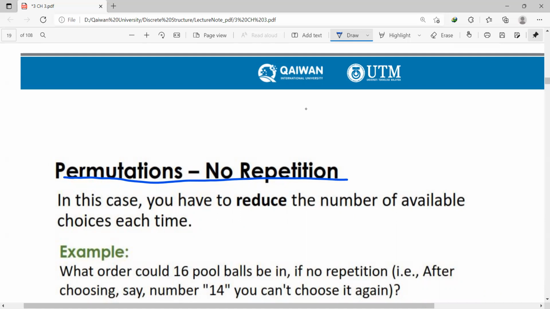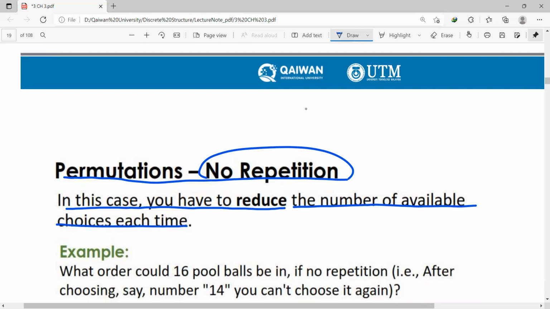If we have no repetition with permutation, you have to reduce the number of available choices each time. This is what we talked about before in choosing the chairperson, secretary, and treasurer, when after choosing any of them to a position, the number of people is reduced by 1.